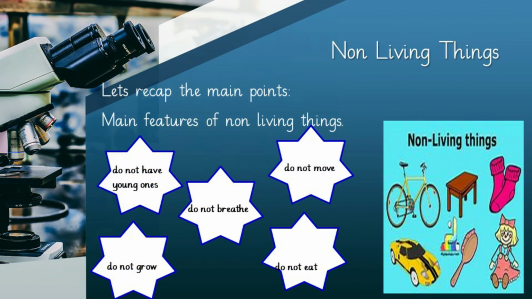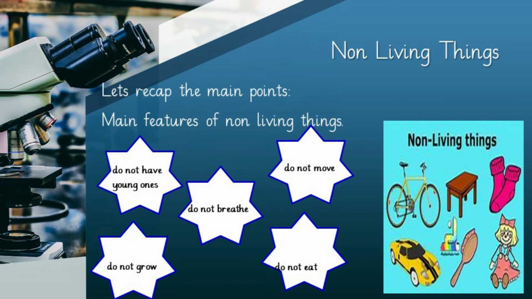Alright students, let's recap the main points of today's lesson. The topic for today is non-living things, and we discussed the main features of non-living things. The 5 main features of non-living things are: they do not move, they do not breathe, they do not eat, they do not grow, they do not have young ones.